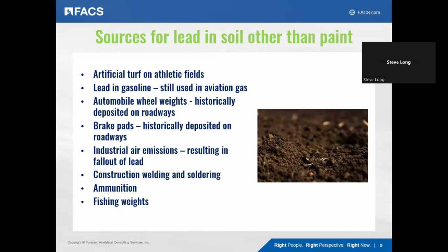In construction, in addition to paint, we have some welding and soldering that may be releasing some lead into the air, and that can find its way through fallout into the soil. And finally, we have ammunition, where lead is present in both bullets and in the powder, and then fishing weights as well.